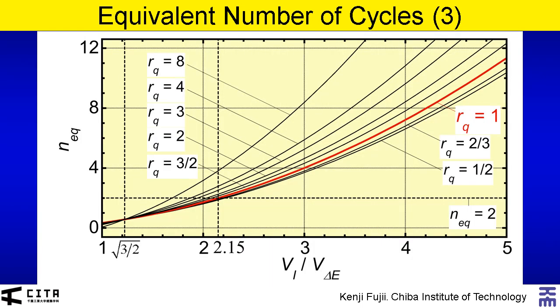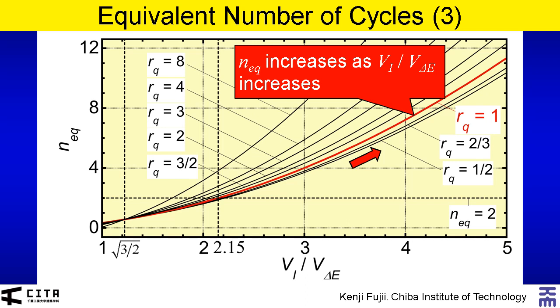This figure shows the relationship between the ratio Vi over V delta E and NEQ calculated from the formulated equations. Here, the horizontal axis indicates the ratio Vi over V delta E, while the vertical axis indicates NEQ. Each curve corresponds to the value of the ratio RQ.